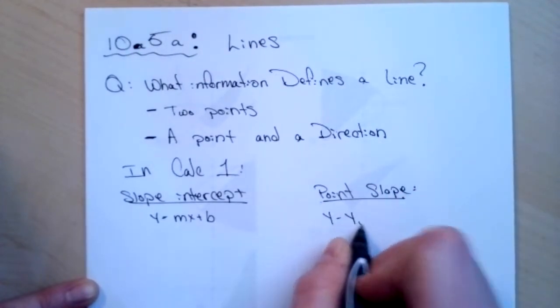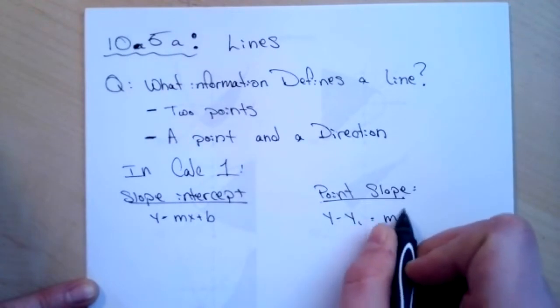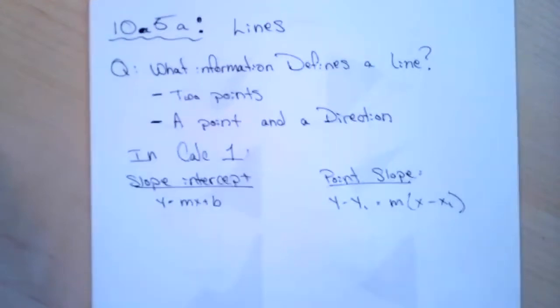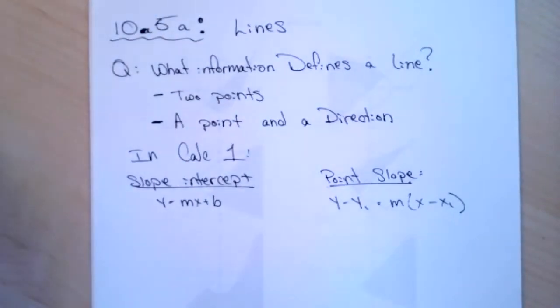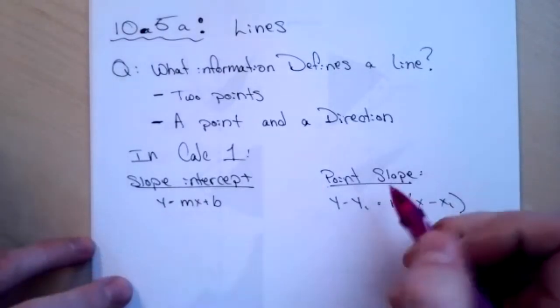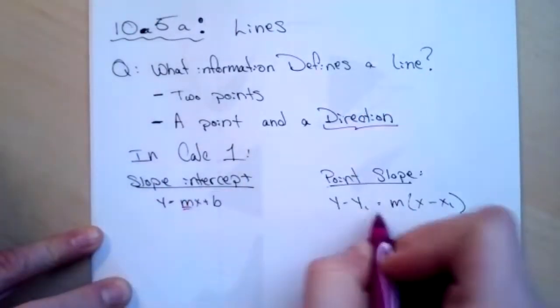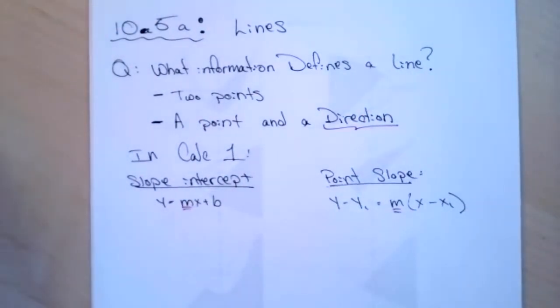So y minus y1 equals m times x minus x1. So we want to generalize this to a three-dimensional line. Let's pull out the pieces of information that we're given. So the direction in Calc 1 is given by this slope.